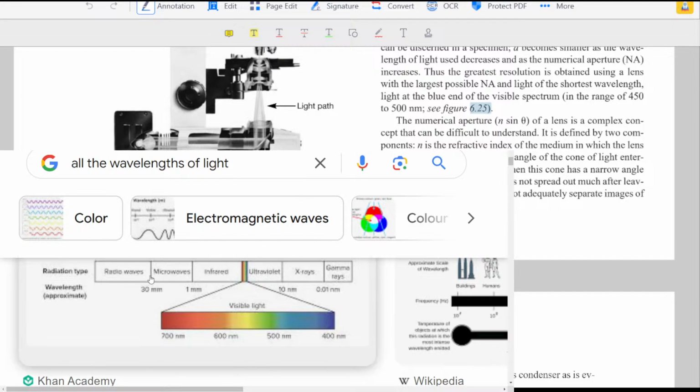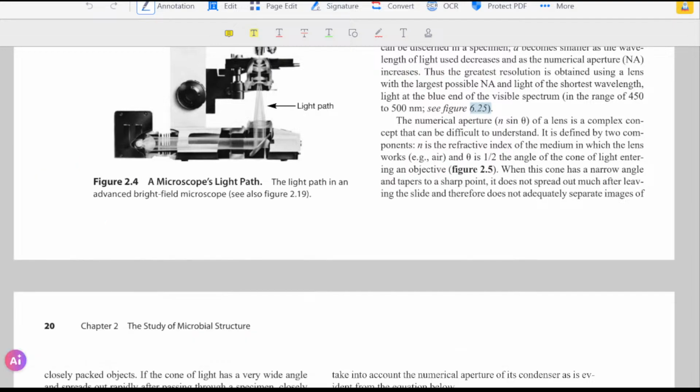You have to know what the wavelength is: the distance between two crests or the distance between two troughs, the highest points of the wave, since it is a curve. So they are talking about the distance along the curve. So 700 nanometer and 400 nanometer. 400 nanometer is the lower one. So the lower the wavelength is, the better it is.